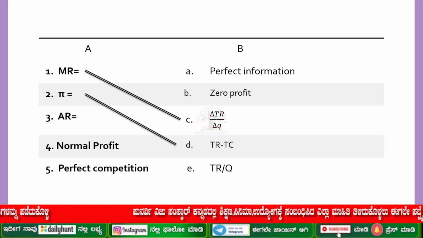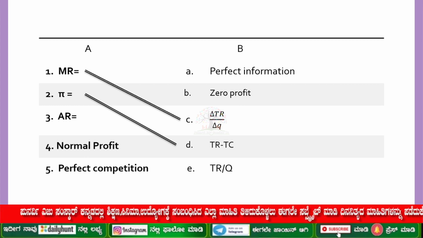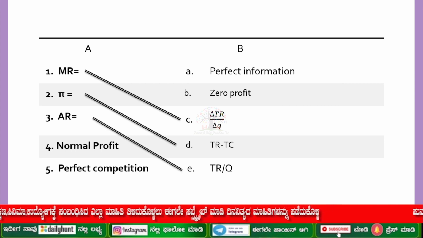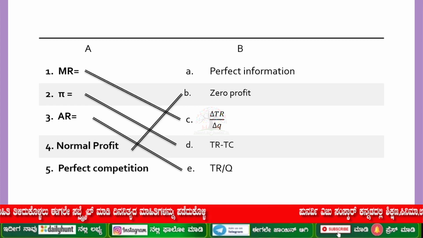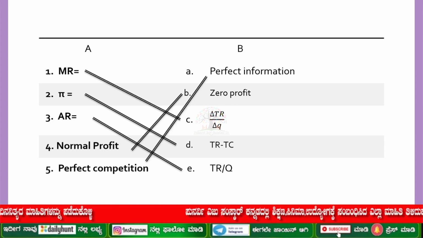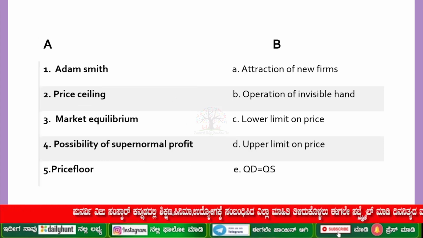AR equals average revenue. Average revenue is nothing but TR divided by Q. Normal profit, for the zero profit condition we call it normal profit. Perfect competition, perfect information.